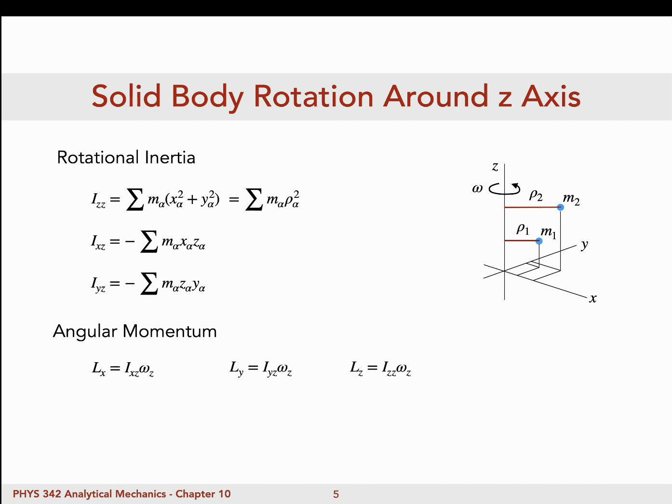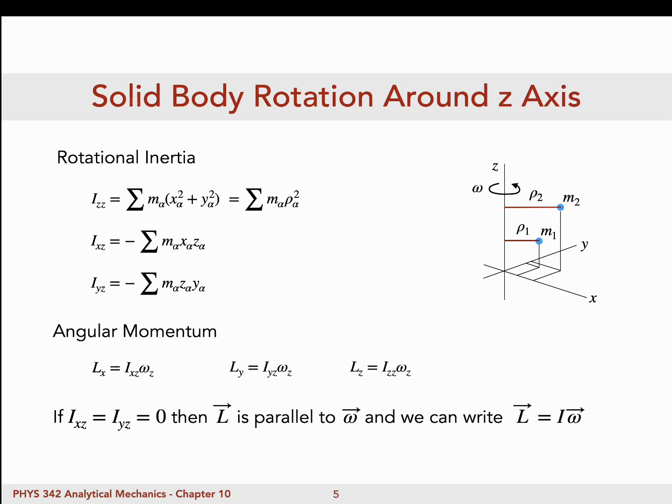This should look familiar from physics 203, when you wrote that the moment of inertia of a point mass is mr squared, where r is the distance from the axis out to the object. So again, r squared is the sum of its components squared, x squared plus y squared. So this expression should look very familiar to you.